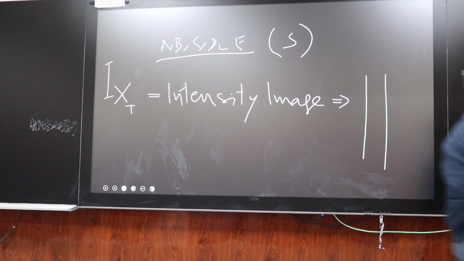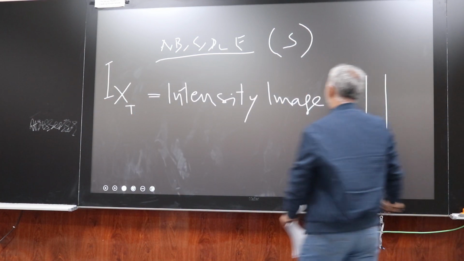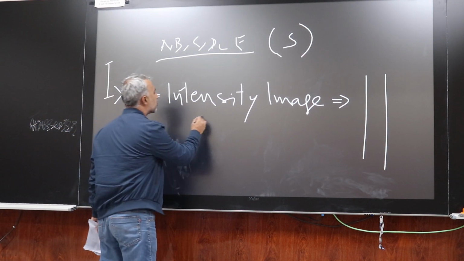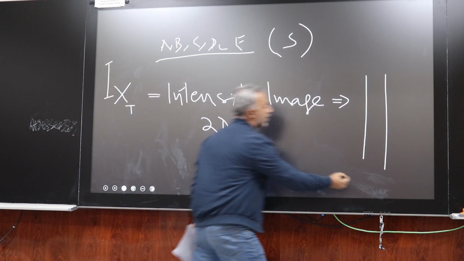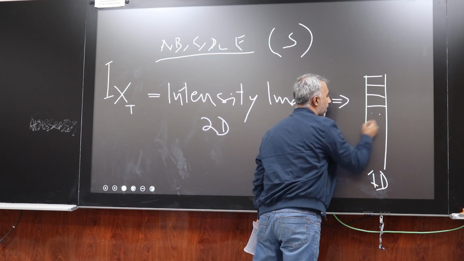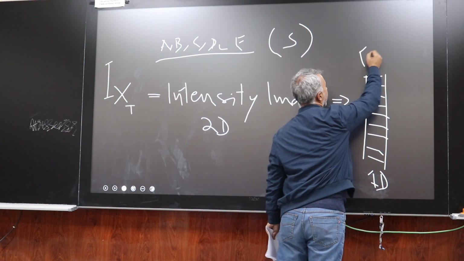Convert the 2D array into one dimension. Yes, this intensity image is two-dimensional, and we need to transform it to one-dimensional. So this is the feature vector.